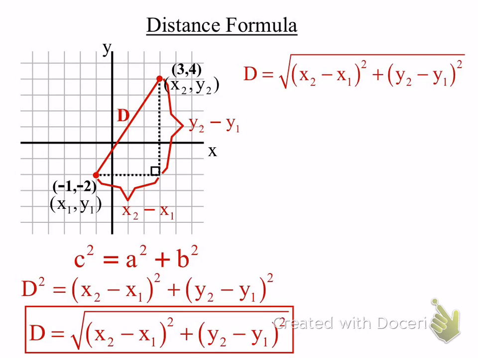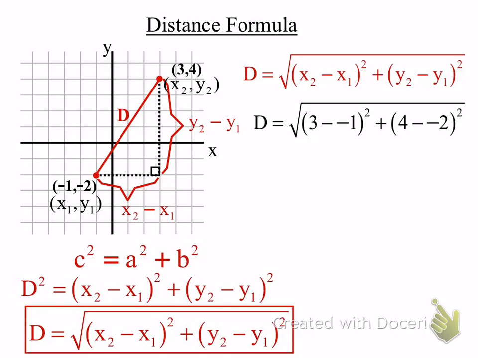So let's try it. This formula, I want you to write it. I gave you 3 problems. You write it each time. What's x2? Come on, guys. What's x2? 3 minus negative 1. 4 minus negative 2. And then we just simplify inside.